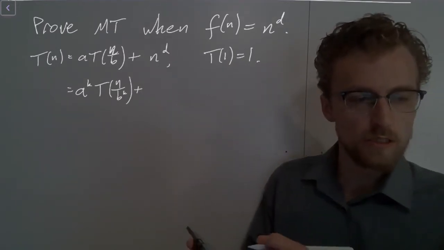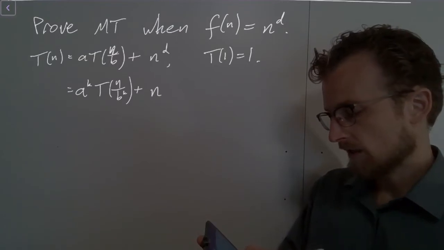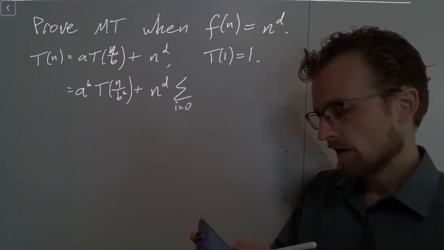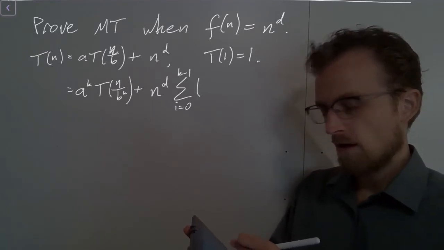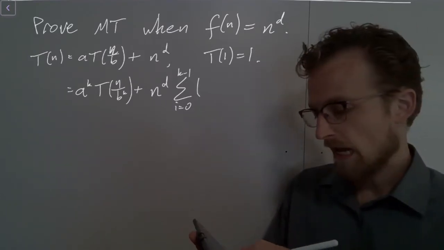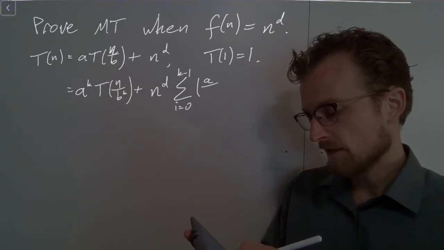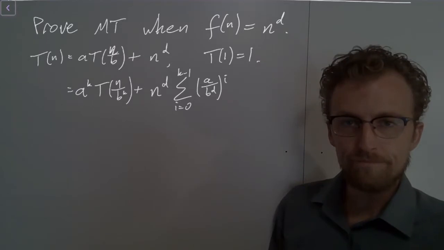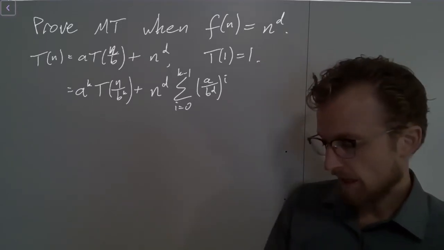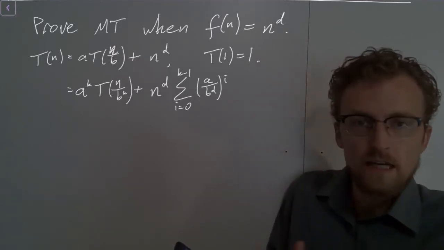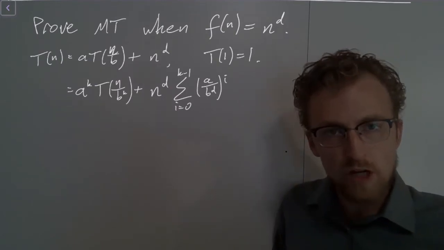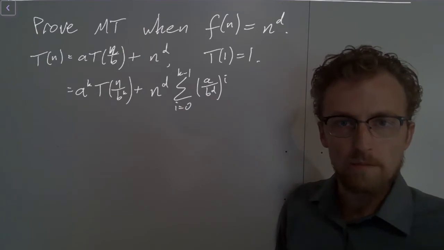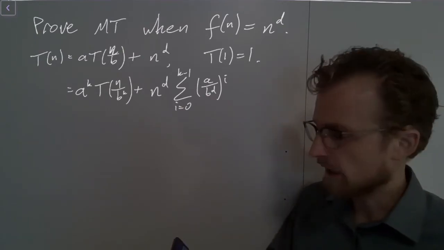The summation goes like this: n to the d times the sum from i equals 0 to k minus 1 of this ratio, a divided by b to the d, all to the power of i. Okay, so we have this as our generic pattern that this will follow as we recurse again and again and again.